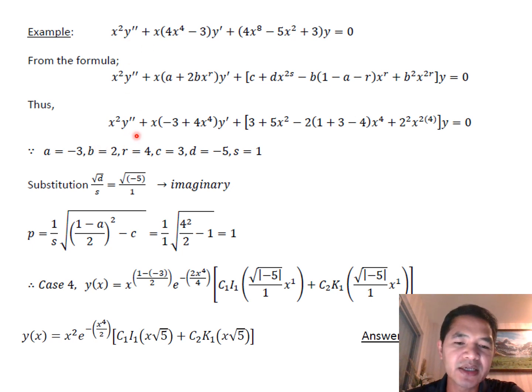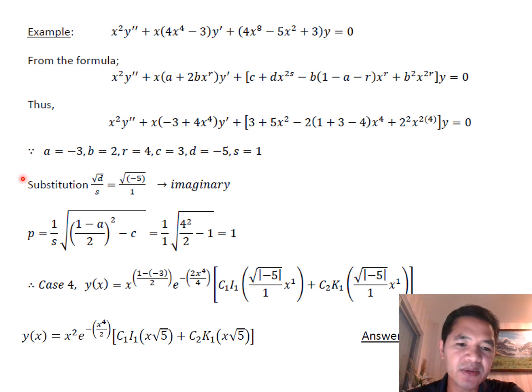Just compare the coefficients in front of y double prime, y prime, and y. So from here we get a equal to minus 3, b equal to 2, r equal to 4, c equal to 3, d equal to minus 5, and s equal to minus 1.